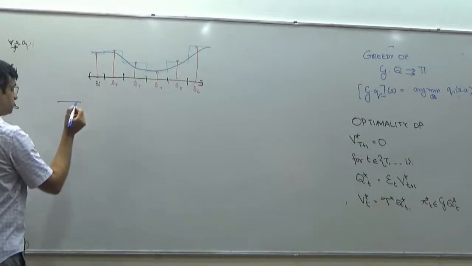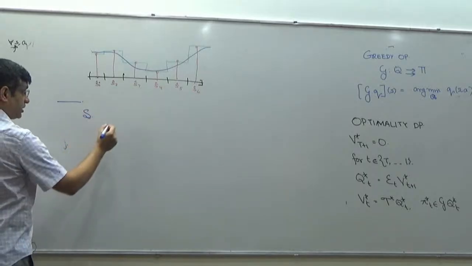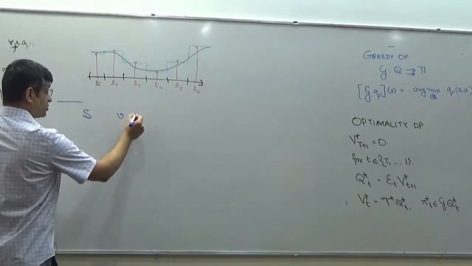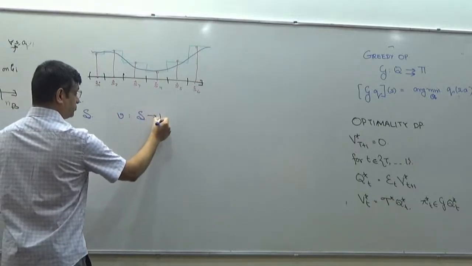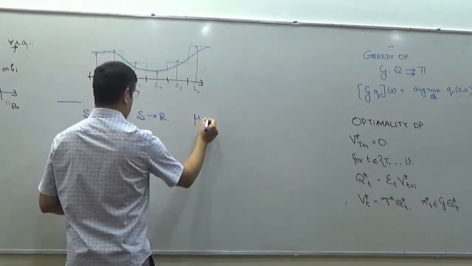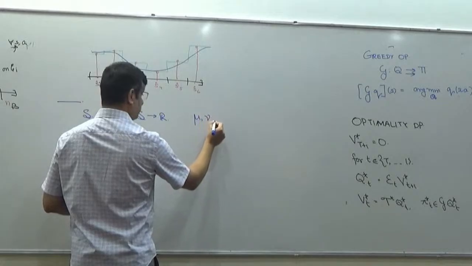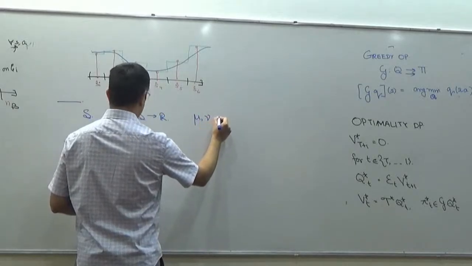Suppose this is the problem in the simplistic setting. Suppose I have some state space S and a value function from S to R, and I have two measures, mu and nu. In my notes, hopefully you can differentiate between my nu and a v.